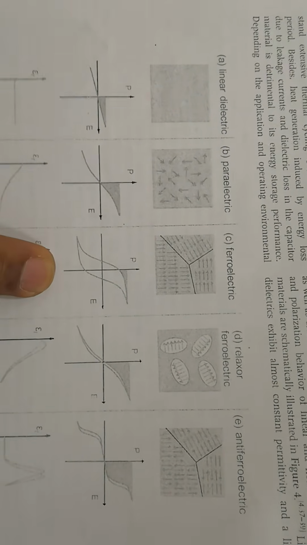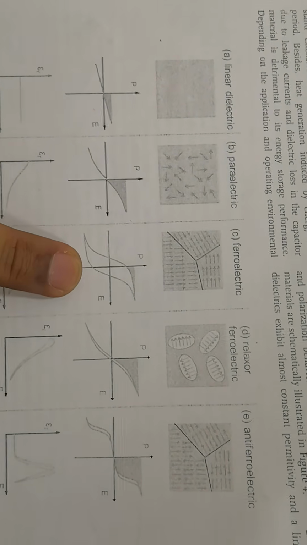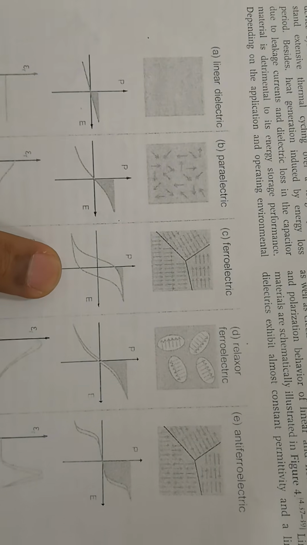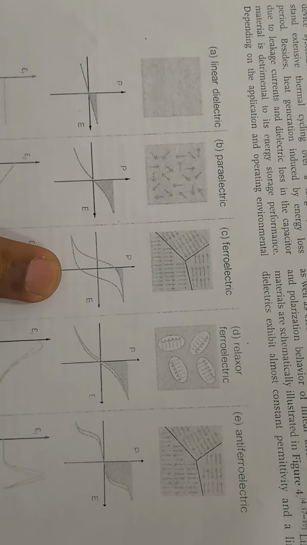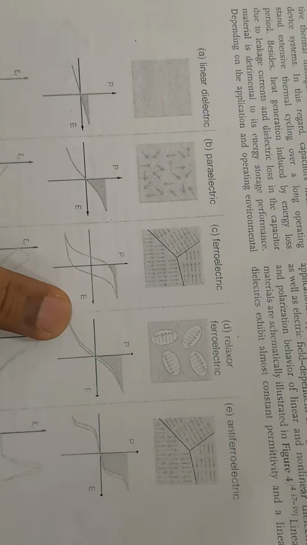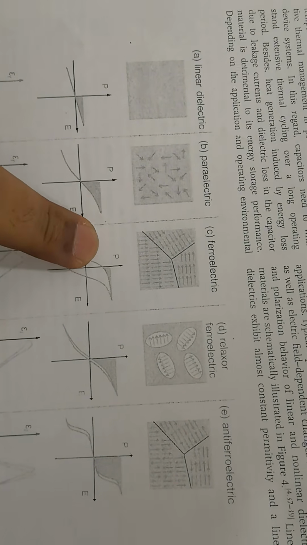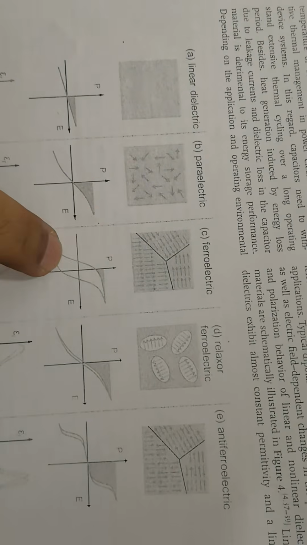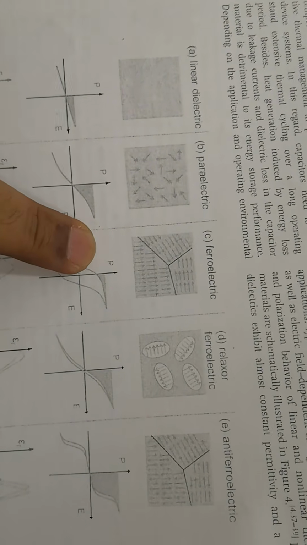So why do ferroelectric materials show this kind of PE loop? In that PE loop, E represents the electric field along the x-axis, and P represents the polarization along the y-axis.